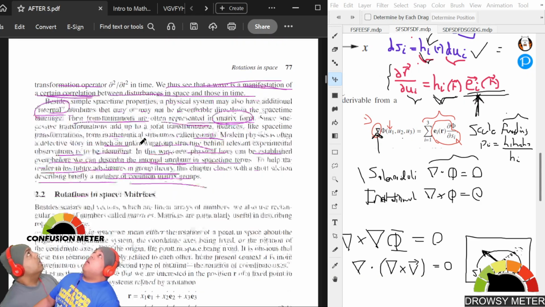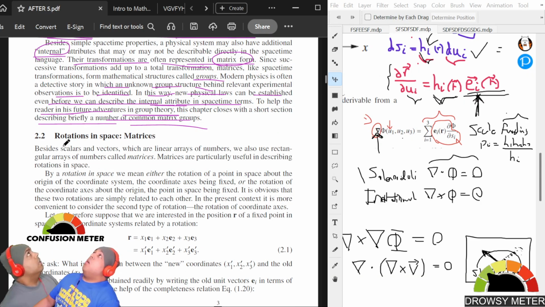Rotations in space. Matrices. Besides scalars and vectors, which are linear arrays of numbers, we also have rectangular arrays of numbers called matrices. Matrices are particularly useful in describing rotations in space.